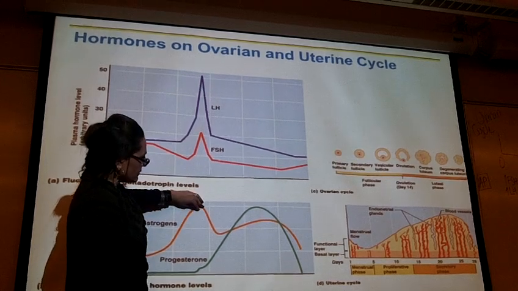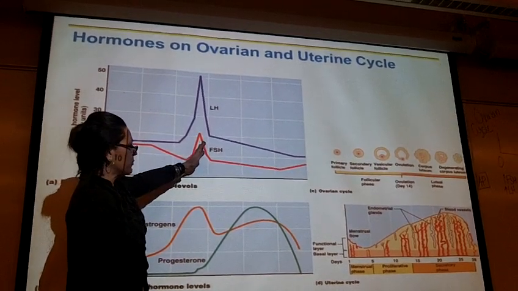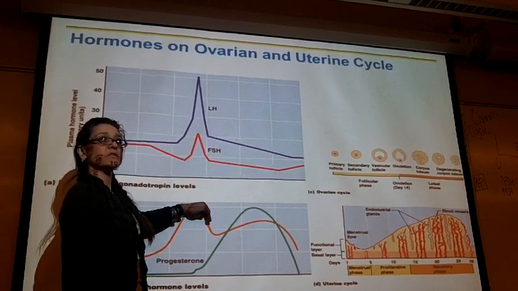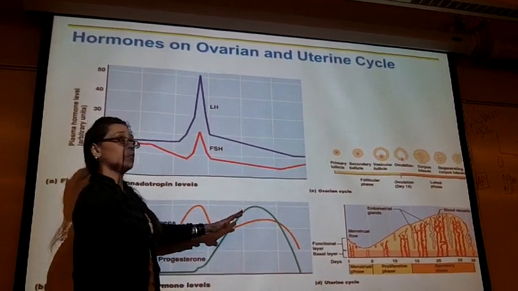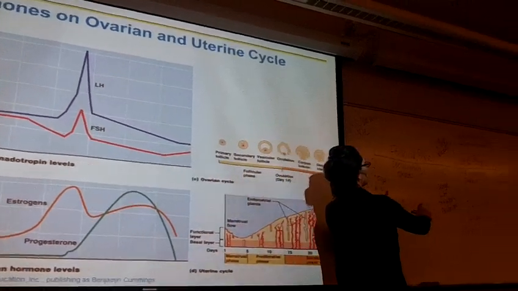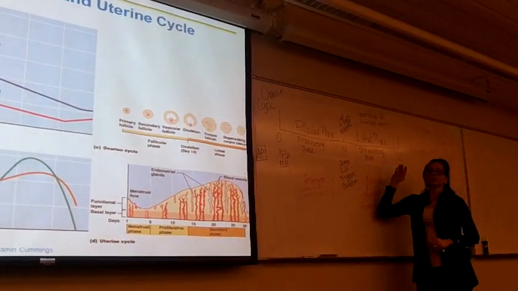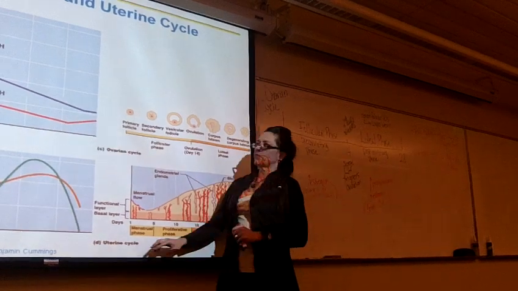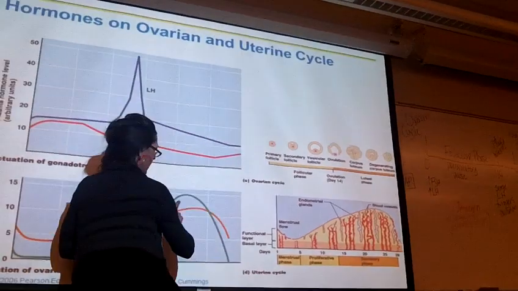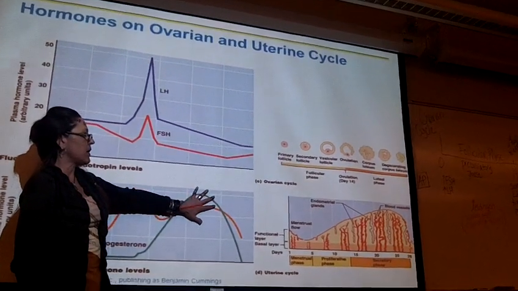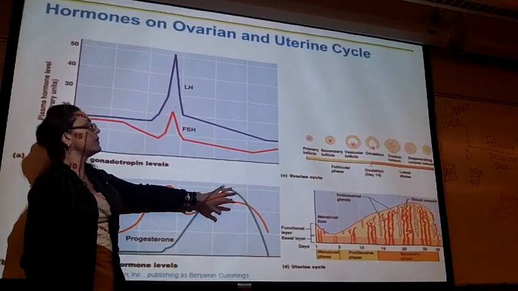Then, once that ovulation happens, estrogen levels are going to start to drop a little bit because the follicles aren't maturing anymore. They matured during this part. Now the corpus luteum forms. Progesterone levels really skyrocket, and then that goes to the hypothalamus and causes the hypothalamus to be inhibited.